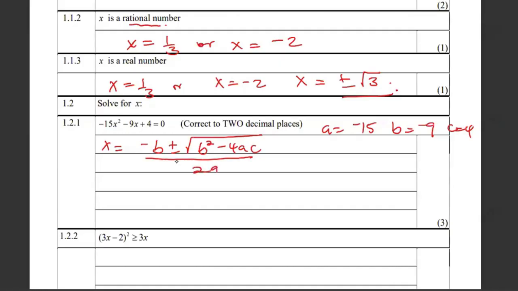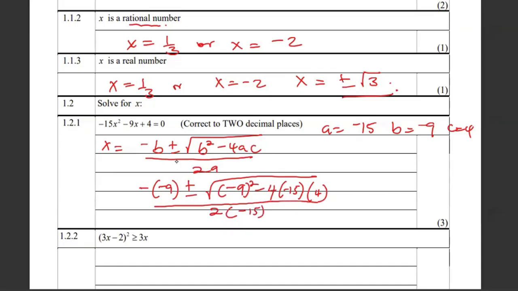If we substitute, negative negative 9 plus or minus square root of negative 9 squared minus 4 times our a of negative 15 times our c of 4, everything being divided by 2 multiplied by negative 15.